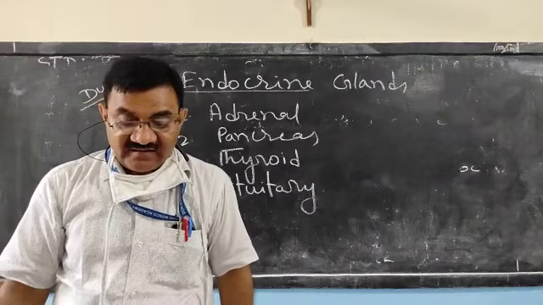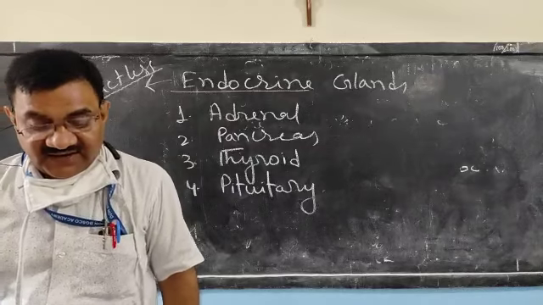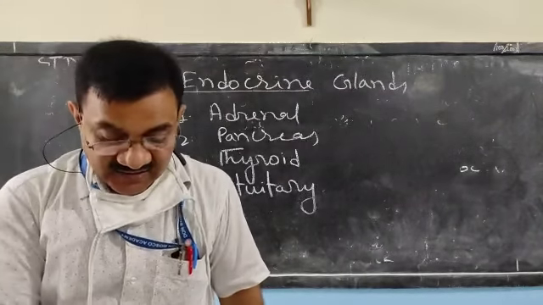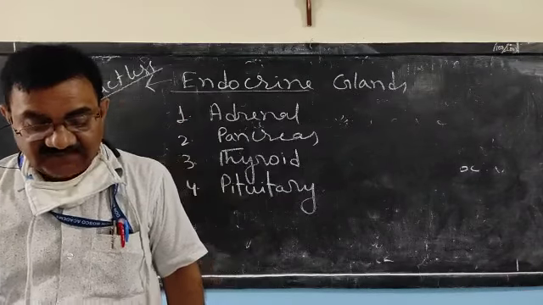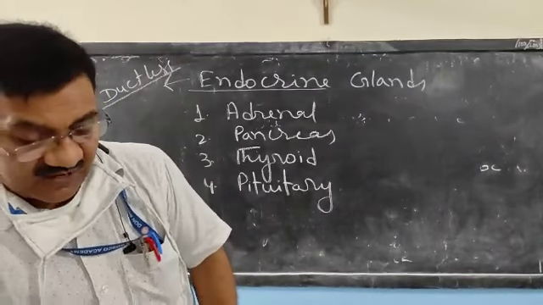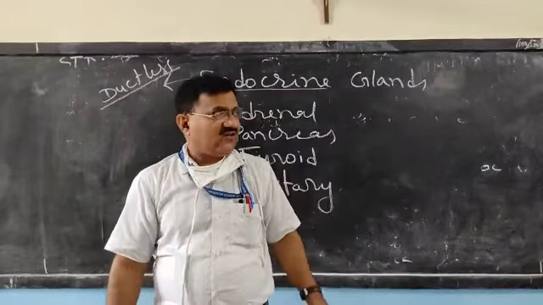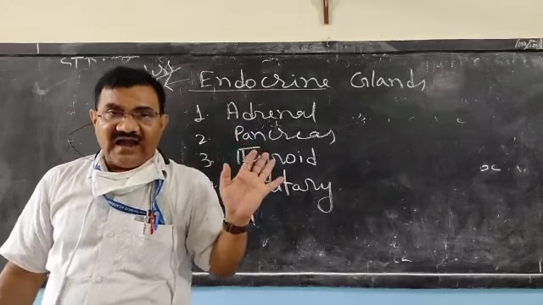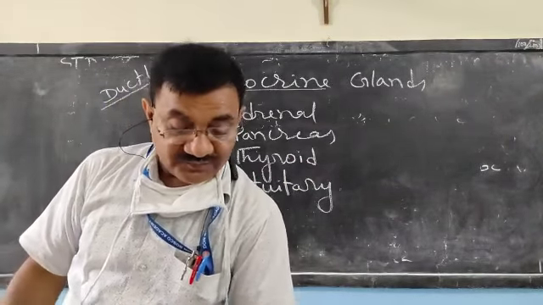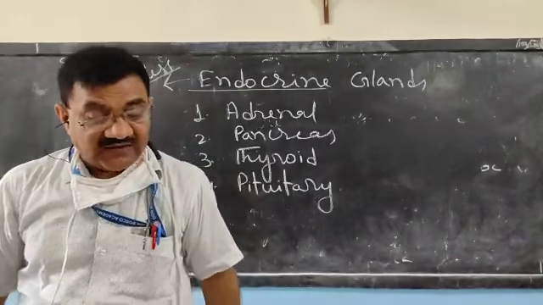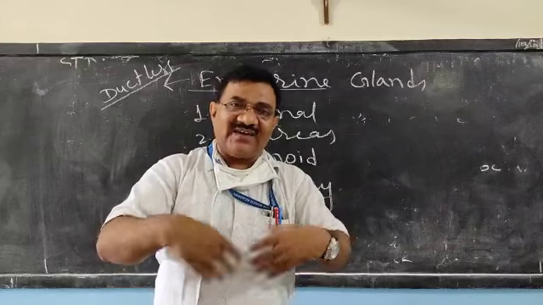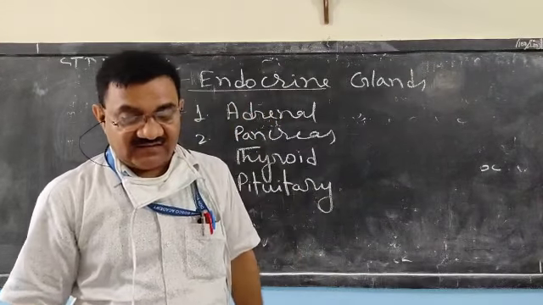The cortex secretes mineralocorticoids, glucocorticoids and sex corticoids, and the medulla secretes adrenaline. Adrenaline gives extra energy for fight and flight.